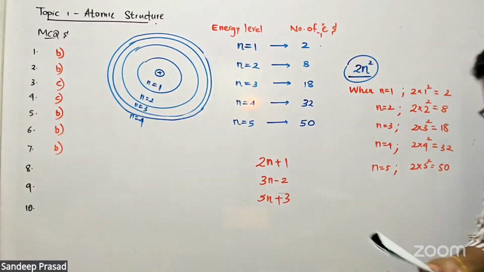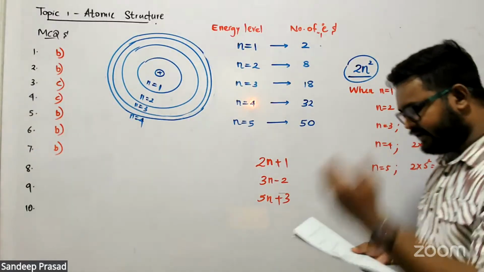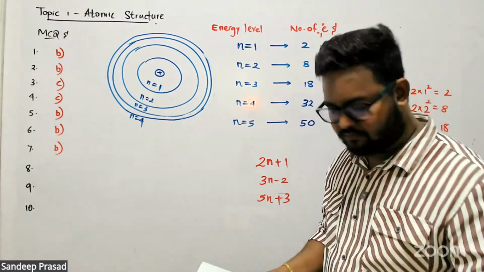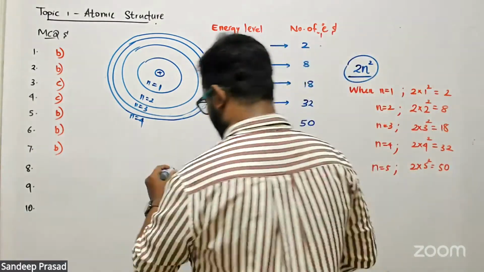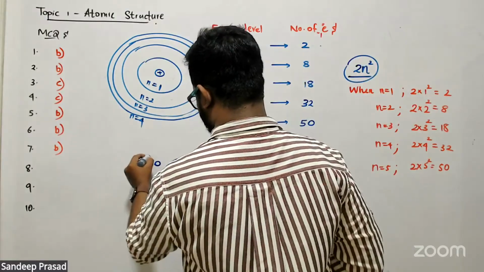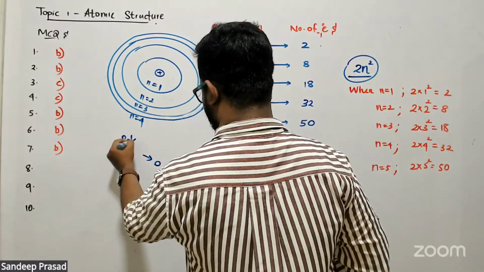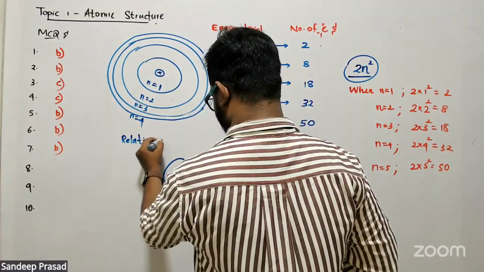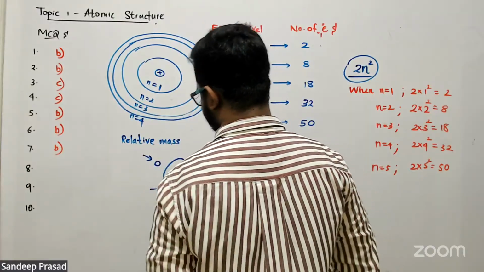Question number 8. The charge on an electron is, we learned it, no? Students, I told you that. What is the symbol of electron? E minus 1, 0. Here this 0 represents relative mass compared to the mass of proton and neutron, the mass of electron.